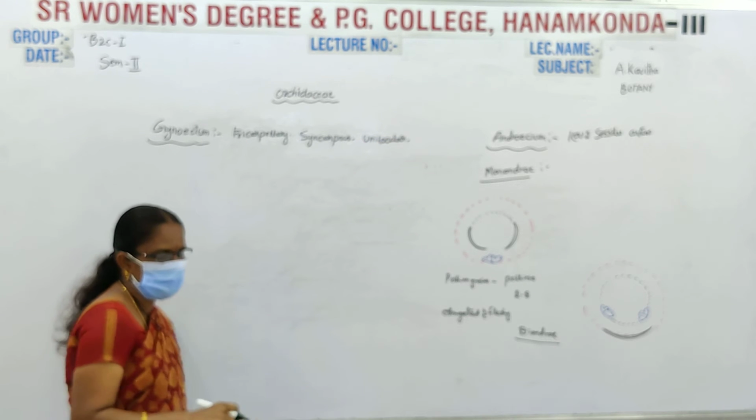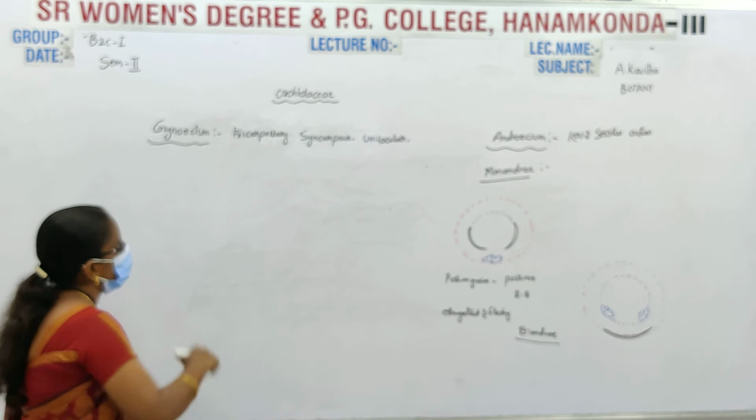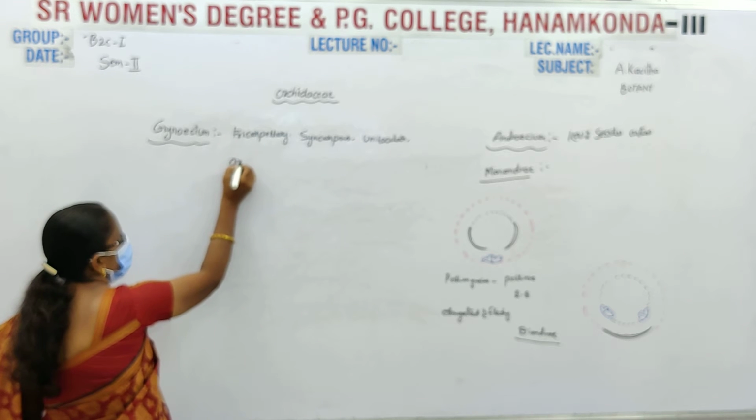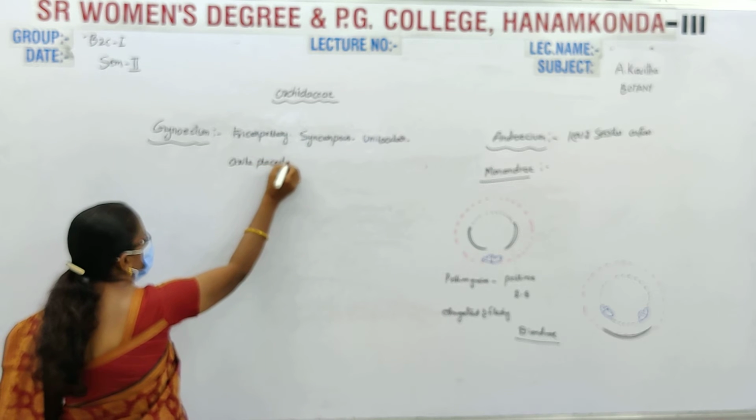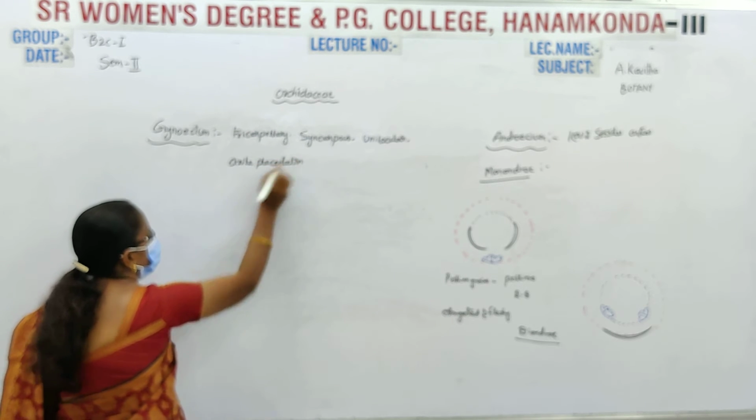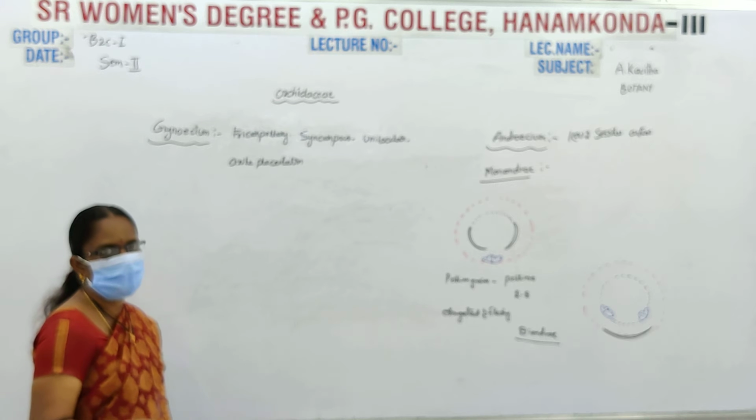The placentation is axile placentation. Many ovules are present in locules.